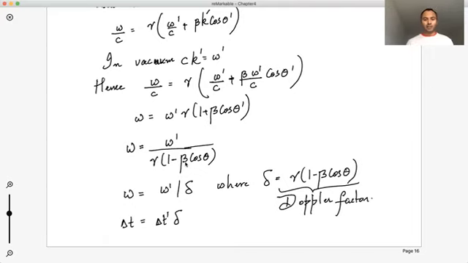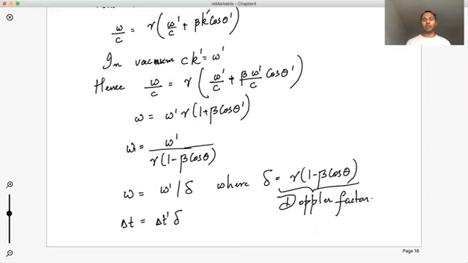And there's something curious going on here in this expression. Let's say you didn't know special relativity and I asked you to derive an equation for Doppler shift, you would have derived exactly this without the gamma, right? So that 1 minus beta cos theta is the component of the velocity along the line of sight connecting the emitter and the observer.